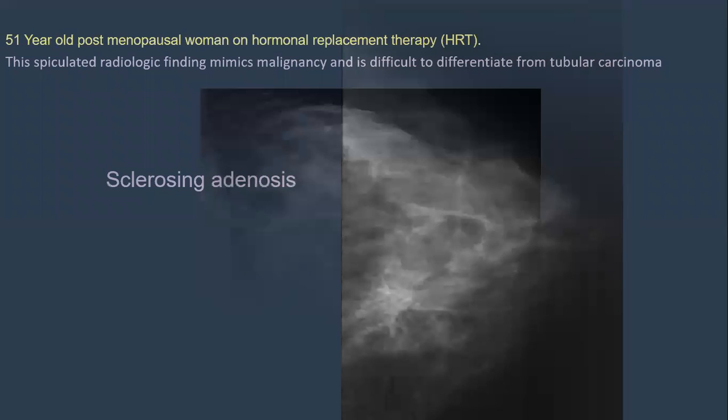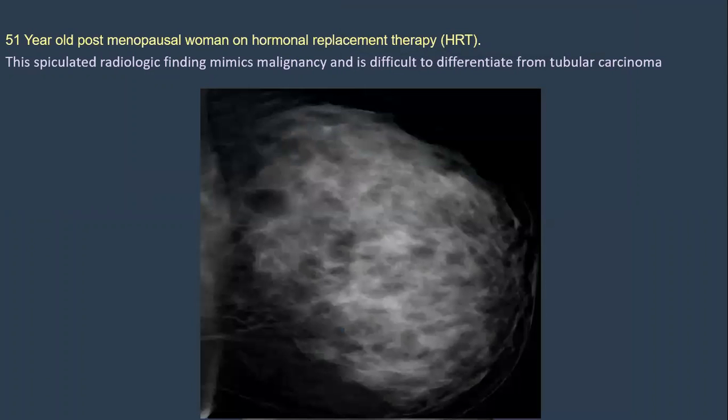Okay, this is my patient, 51 years old, on hormonal replacement therapy. Can you see the spiculated radiographic findings on this mammography? Where exactly?